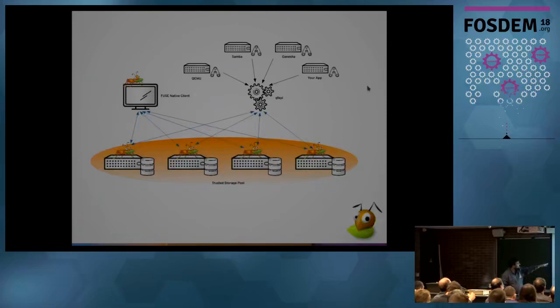We have the native FUSE client, which talks directly, and we have other external applications which use our GF API, or the Gluster API, so that we can export Gluster volumes using projects like Samba and Ganesha. We also integrate with QEMU to provide direct access to Gluster storage for QEMU.